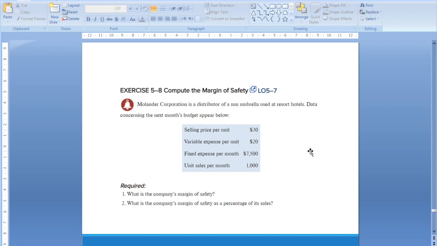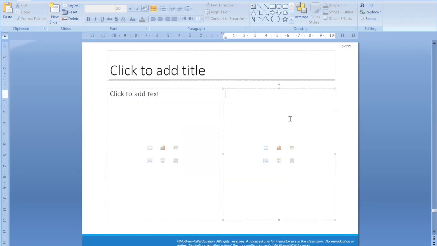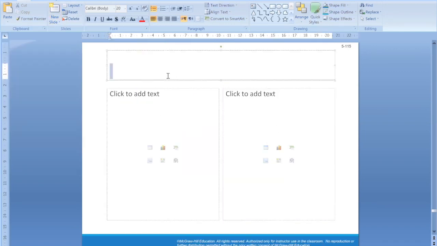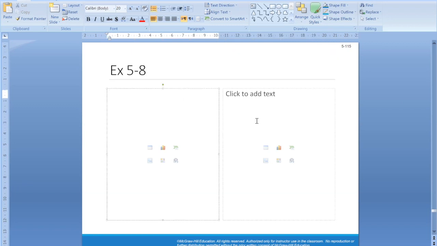Then we need to calculate the break-even point sales. So this is exercise 5.8. Margin of safety is equal to actual or budgeted sales minus break-even point sales.